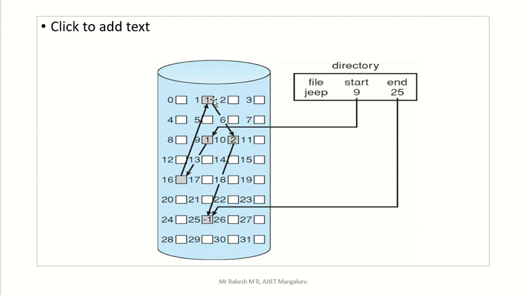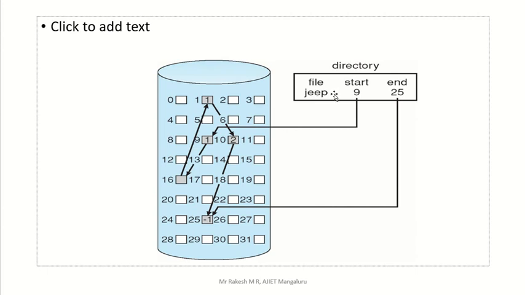So in the first block, with the file information, we have to store the address of the next block where we have to jump. That address also we have to store in the first block. Then from 2 to 25. So 25 is the last block, because the zip file is a big file.